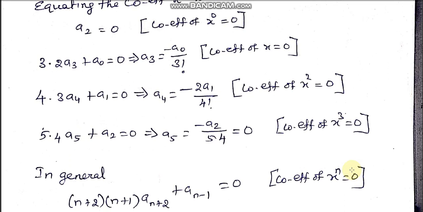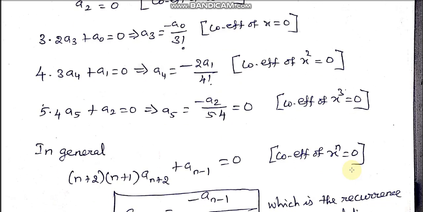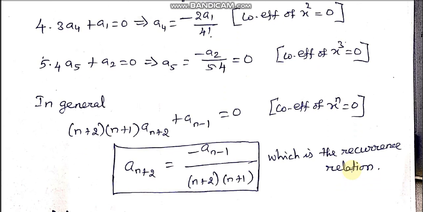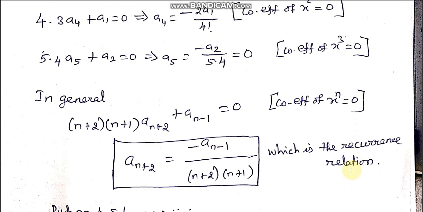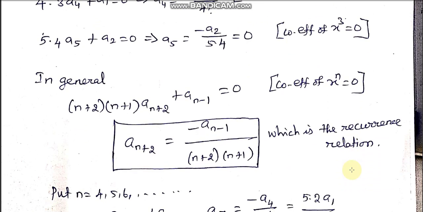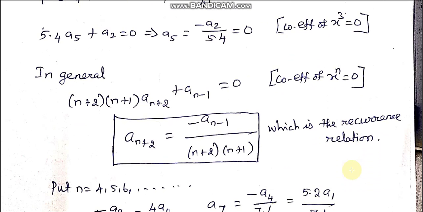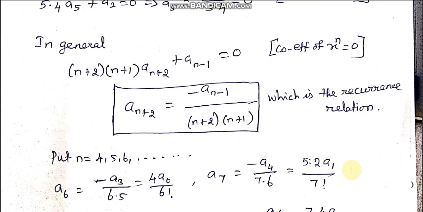In general, the x power n term gives the general term. From it we find a n plus 2 equal to minus a n minus 1 divided by n plus 2 times n plus 1, which is called the recurrence relation.